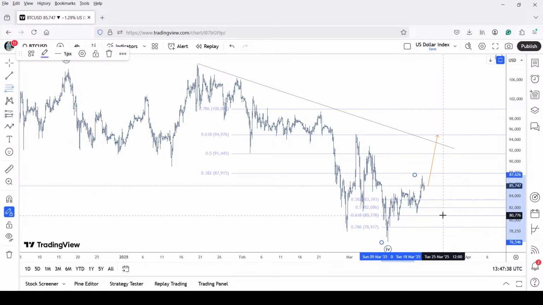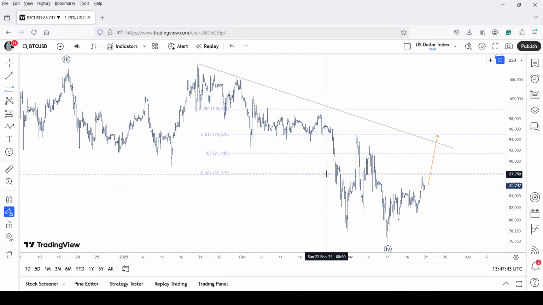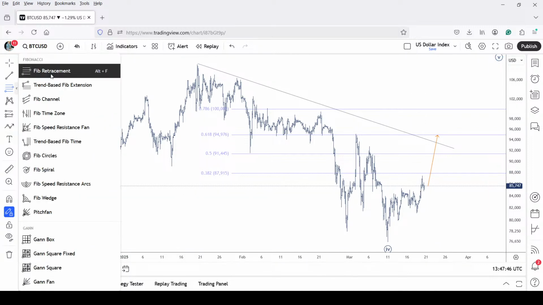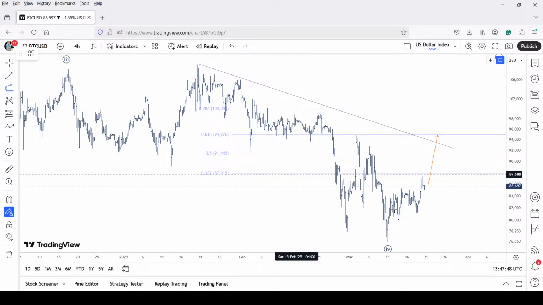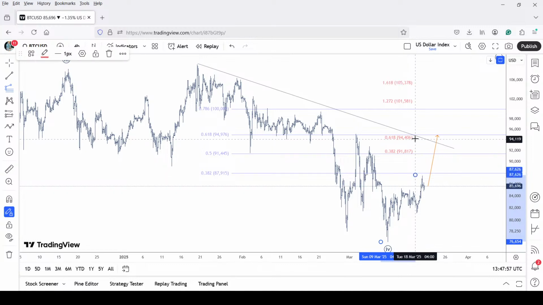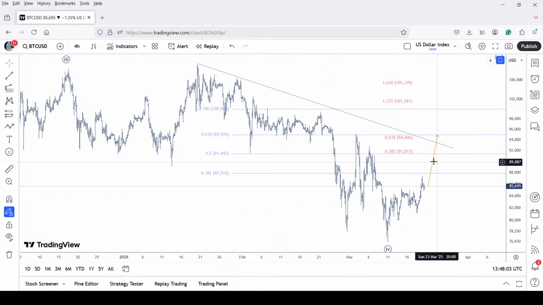Maybe back towards 80,000, where we enter buying with a stop loss around 76 and a potential target. Let's find out. It's moving towards 74. So the next move or next entry could be as follows.